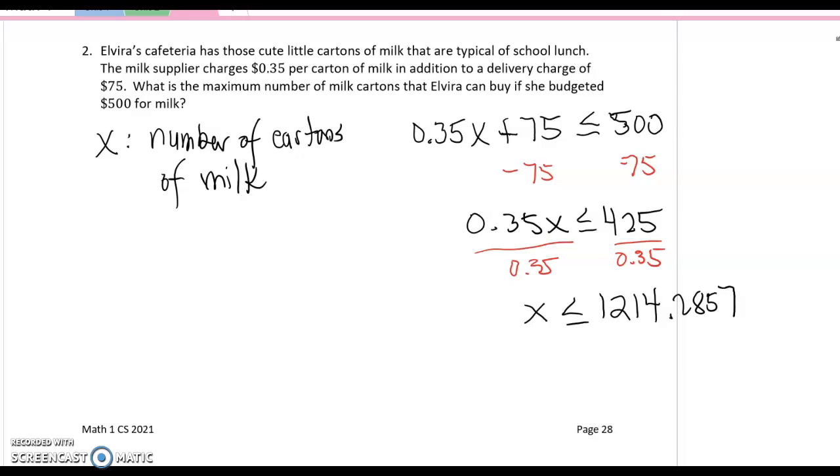Because x represents the number of cartons of milk, we cannot leave this as our final answer, because we cannot have part of a carton of milk. So we need to round this. The way you round depends on the problem. Normal rounding rules say that we should round this down.